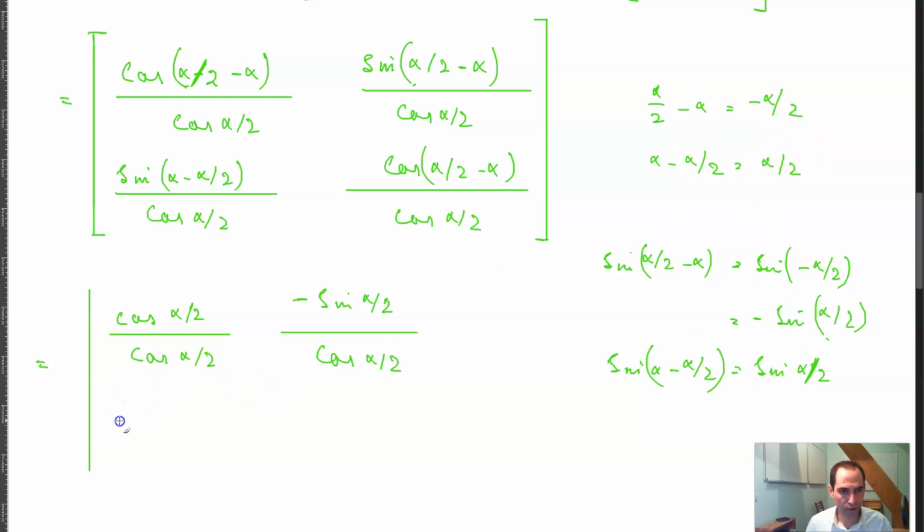So I can write this as sine alpha by 2 divided by cos of alpha by 2. And cos of alpha by 2 minus alpha is equal to cos of negative alpha by 2, which is equal to cos of alpha by 2. And so you have cos of alpha by 2 divided by cos of alpha by 2.